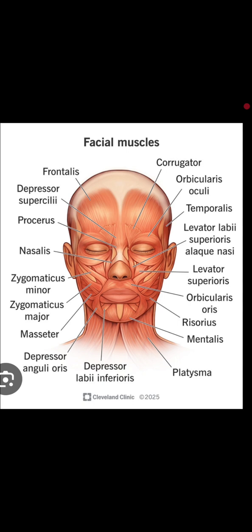Muscles that raise or elevate: levator palpebrae superioris, upper eyelid, levator labii superioris alaeque nasi, the snarly thing, levator labii superioris, levator anguli oris, and the mentalis. The mentalis is also a muscle that raises or elevates.